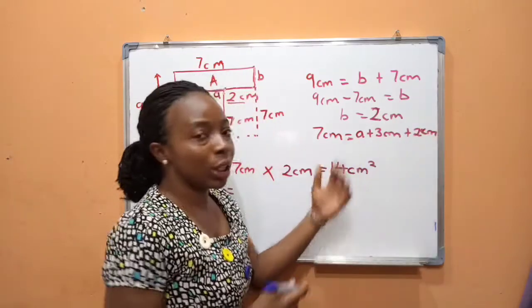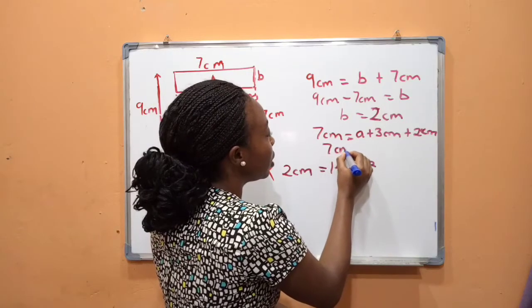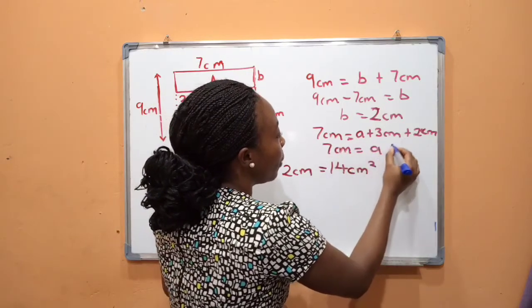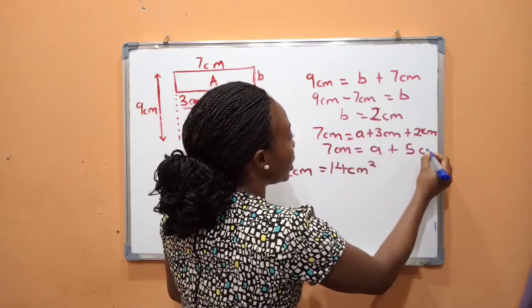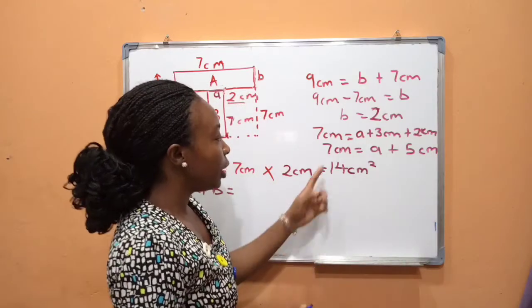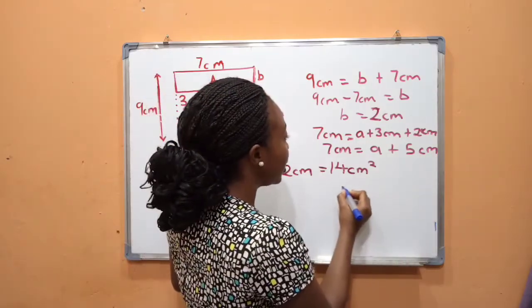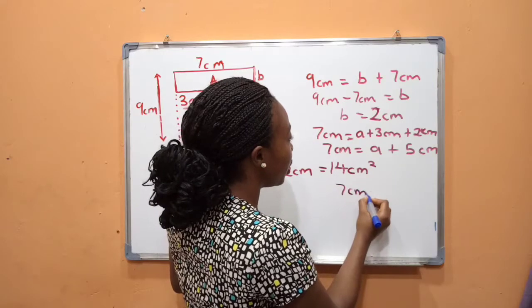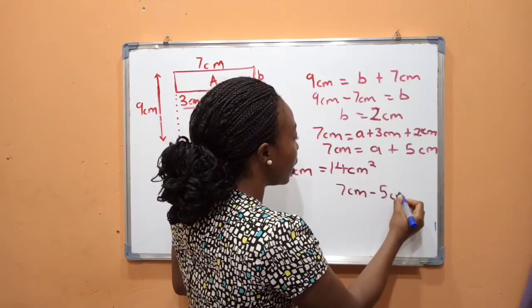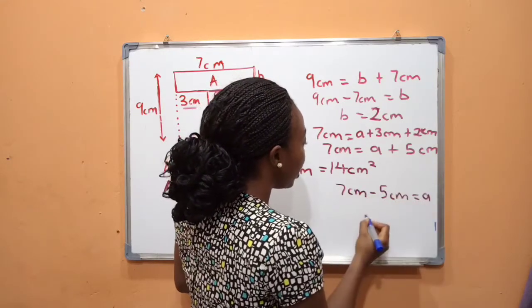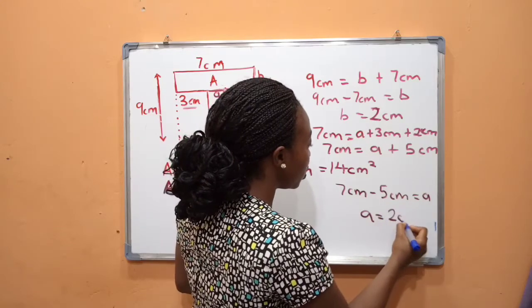Okay, in doing that, we're going to have 7 centimeter is equals to A plus 5 centimeter. Then we're going to have 7 centimeter minus 5 centimeter is equals to A. Then A is equals to 2 centimeter.